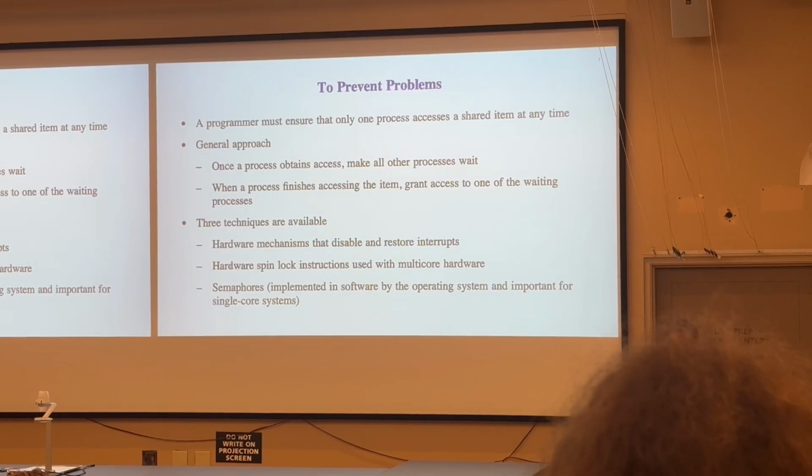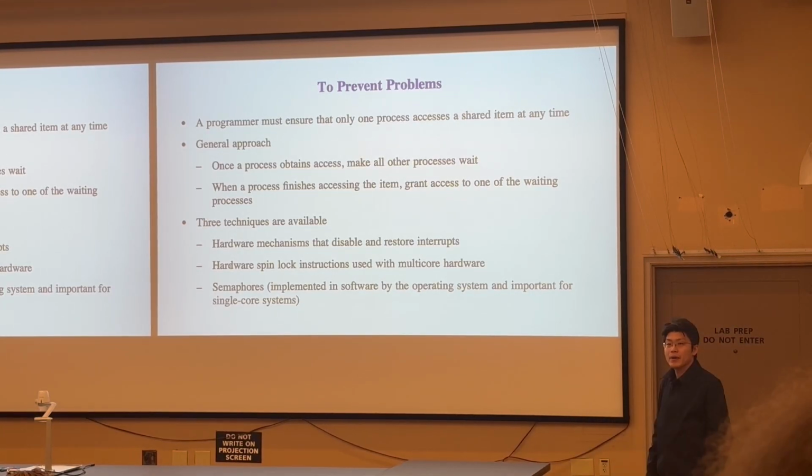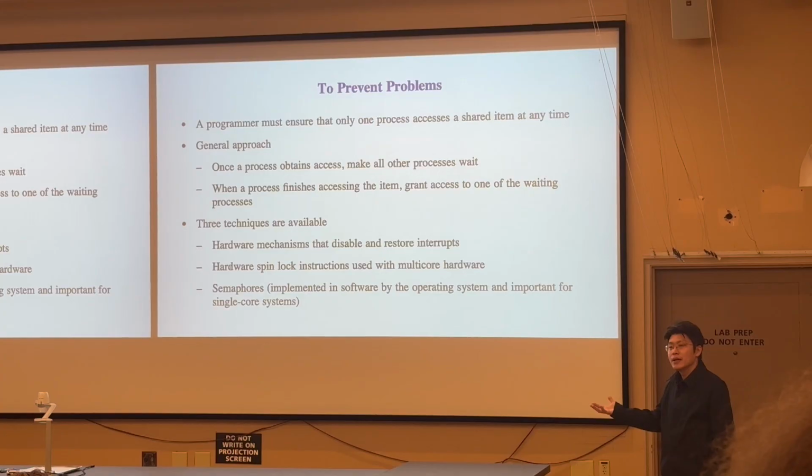It waits, right? So the difference is that when you use semaphore, the process waiting on the semaphore does not use the CPU. It puts itself in the wait state and schedules itself out, right? Or puts itself to sleep.